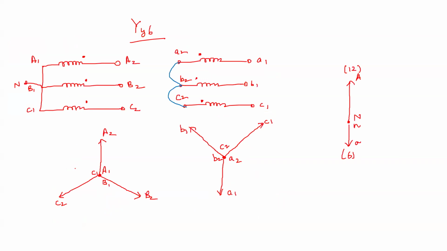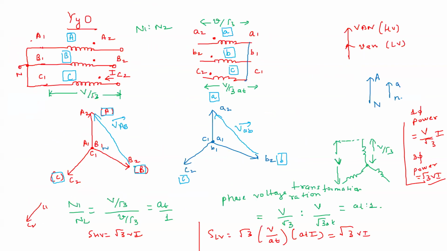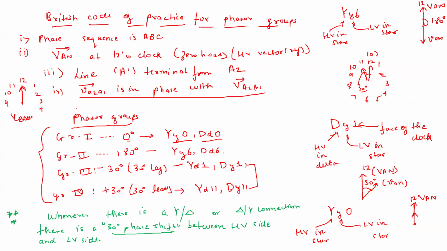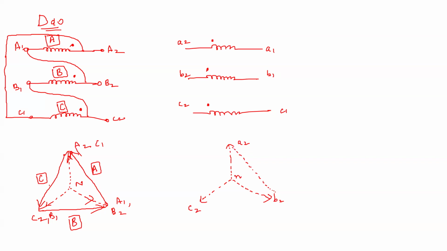We have seen that rule: Va2a1 is in phase with capital VA2A1. So this A2 A1 vector has to be in phase, and it is on the side like this.